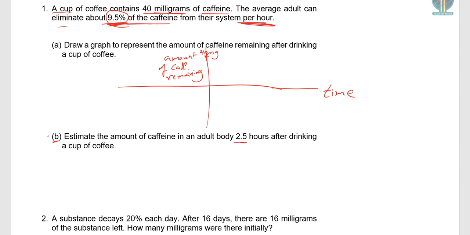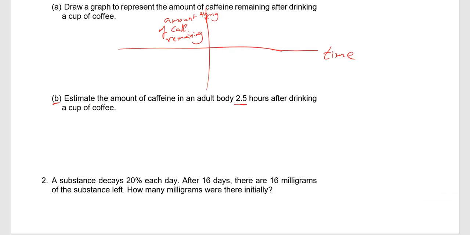So again, we start with our equation for exponential decay: C times (1 minus r) to the t. The initial amount is 40 milligrams. We could write the unit or not, either way is fine, but just remember that whatever you get for y is going to be in milligrams, the amount of caffeine. So 40 times 1 minus the rate of decay, 9.5%, which converted to a decimal is 0.095.